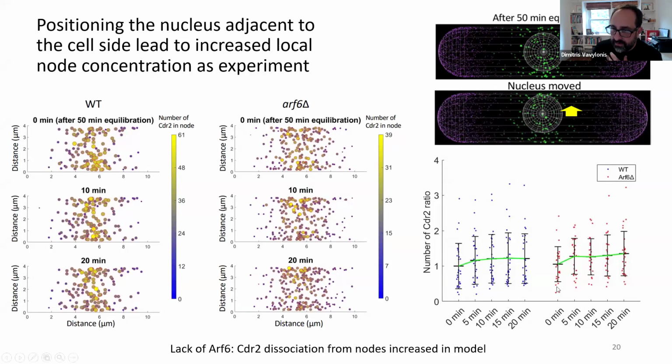And this happens both for wild type and ARF6 delta cells, but faster in the ARF6 deleted cells, presumably because the nodes are now responding faster to the fluctuations of the nucleus within the cell that occur over the minute time scale.